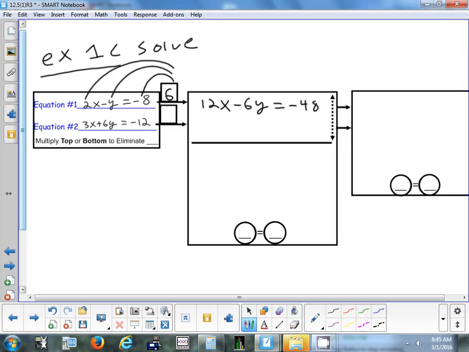The other one, just copy it down. 3x plus 6y equals -12. Now, because we multiplied the top equation by 6, what letter is going to cancel out? The y's. -6, +6. The y's are gone. What's 12x plus 3x?